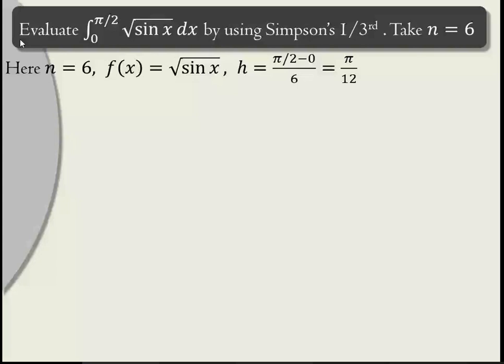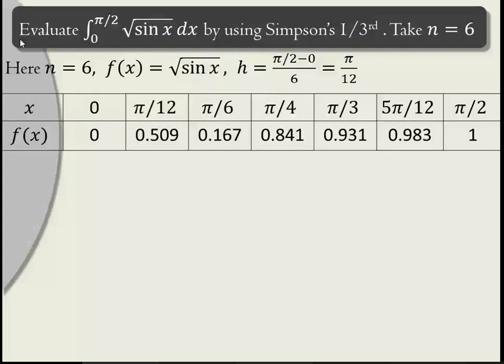So using radian mode, x0 is 0, x1 will be x0 plus h, 0 plus pi by 12. X2 will be pi by 12 plus pi by 12, that becomes 2 pi by 12, which is nothing but pi by 6. Next term will be x2 plus pi by 12, so it is pi by 6 plus pi by 12.